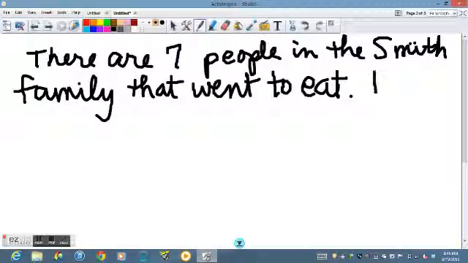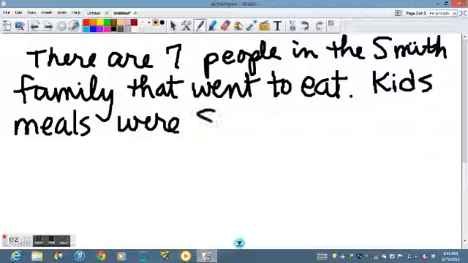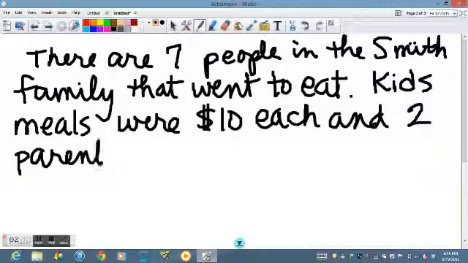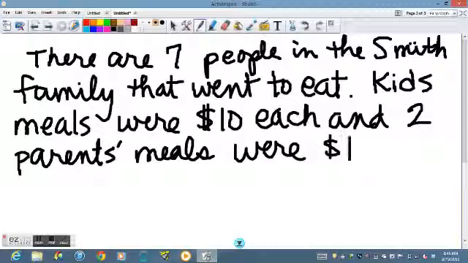Kids' meals were $10 each, and 2 parents' meals were $15 each. What was the total cost?